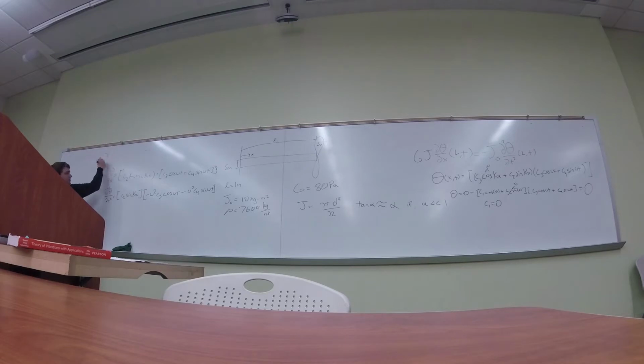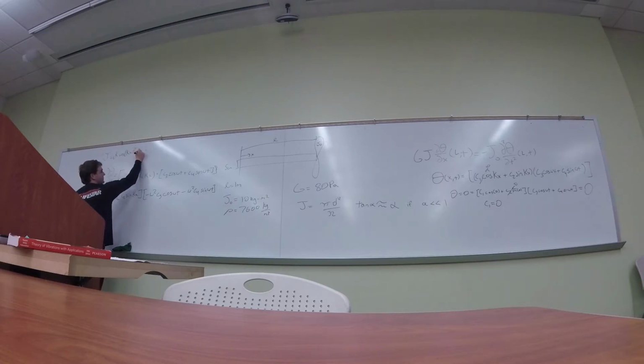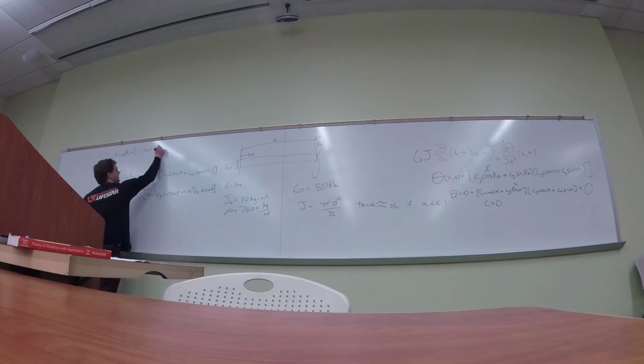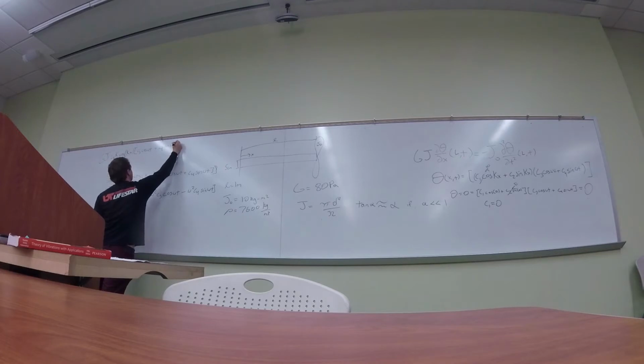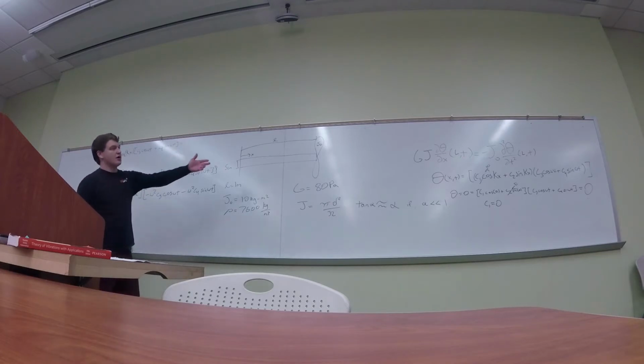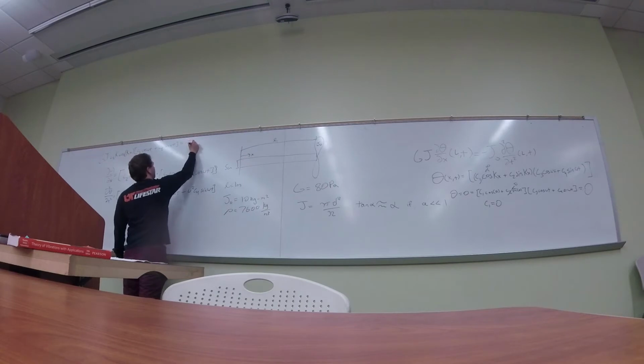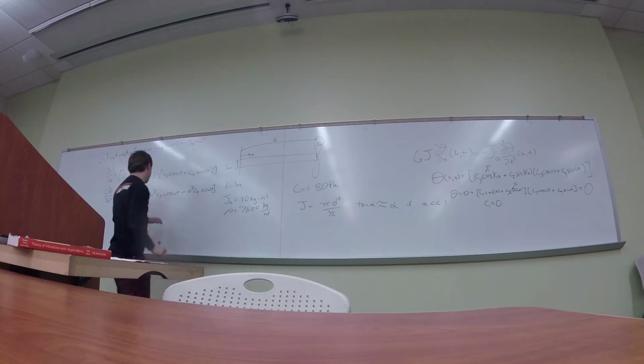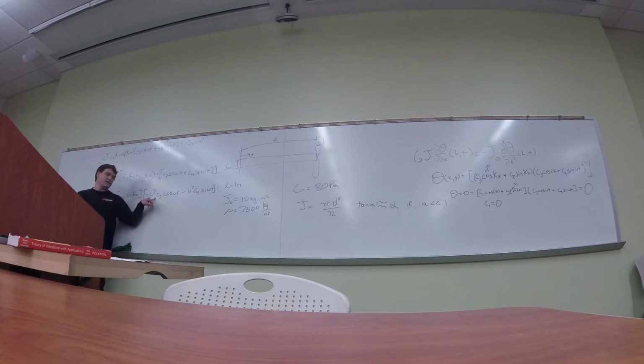GJ, C2 K cosine of K times X times C3 cosine omega T plus C4 sine omega T equals our negative J naught, and we'll multiply it by a negative omega squared, because we're going to pull this negative omega squared out of here and put it as some sort of coefficient.